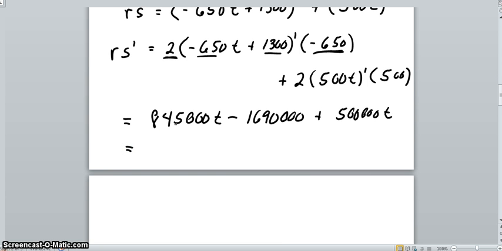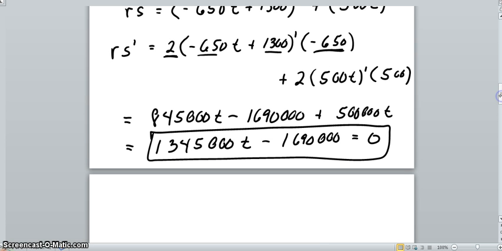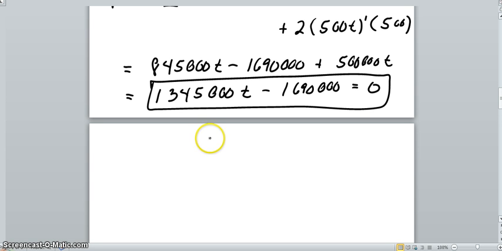Just add these two like terms, and that should give us minus 1,690,000. And to get the minimum, of course, we're going to set this equal to 0 and solve for t. Assuming everyone can handle the algebra from that point, you should get a value of approximately 1.26. That was our time, which should be in hours.